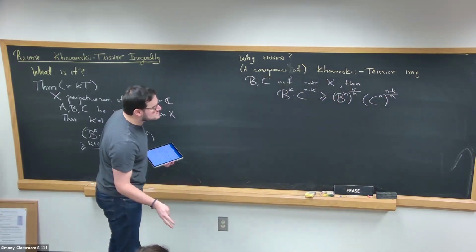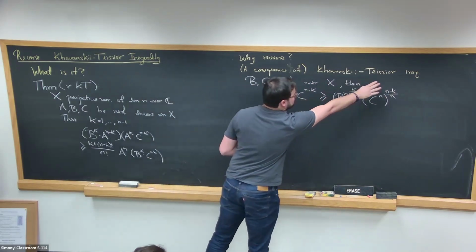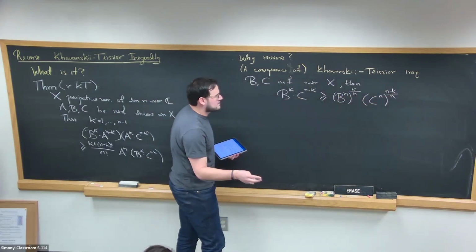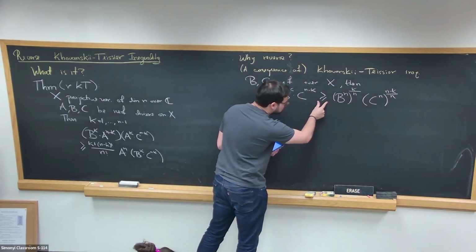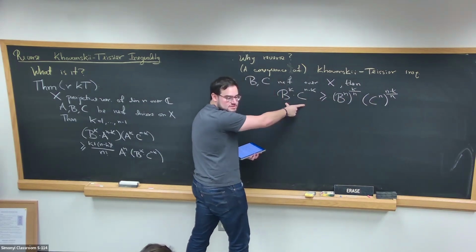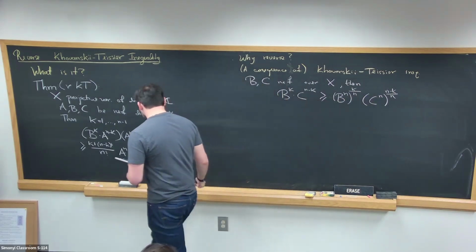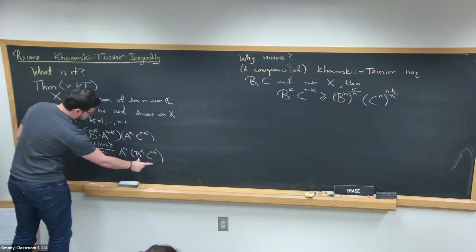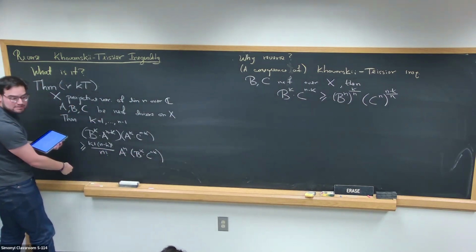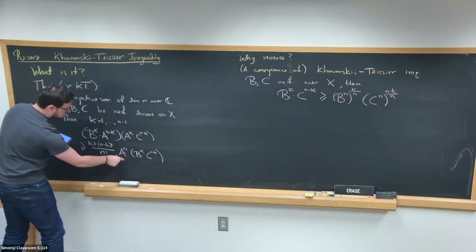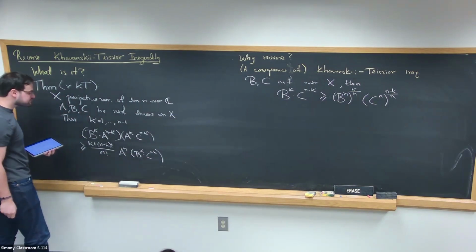And so it's reversed in the sense that the usual Khovanskii-Teissier inequality for two nef divisors gives us a lower bound on this intersection number, while this one gives us an upper bound on this number, given a third nef divisor.